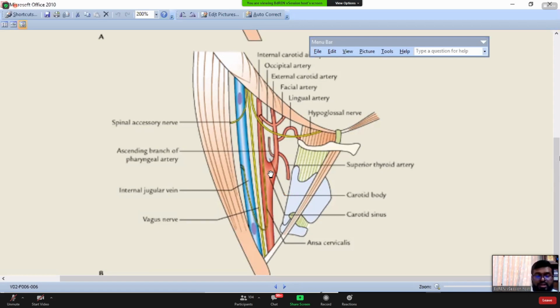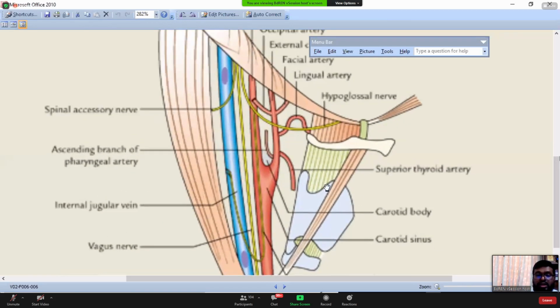Baro means pressure, and blood pressure regulation of the cerebral vessels is actually maintained from here. So that means it can recognize whether the pressure is high or low, and accordingly they lower the supply to the brain or increase the supply to the brain. This is a baroreceptor. And just outside, you can see there is a V structure here.